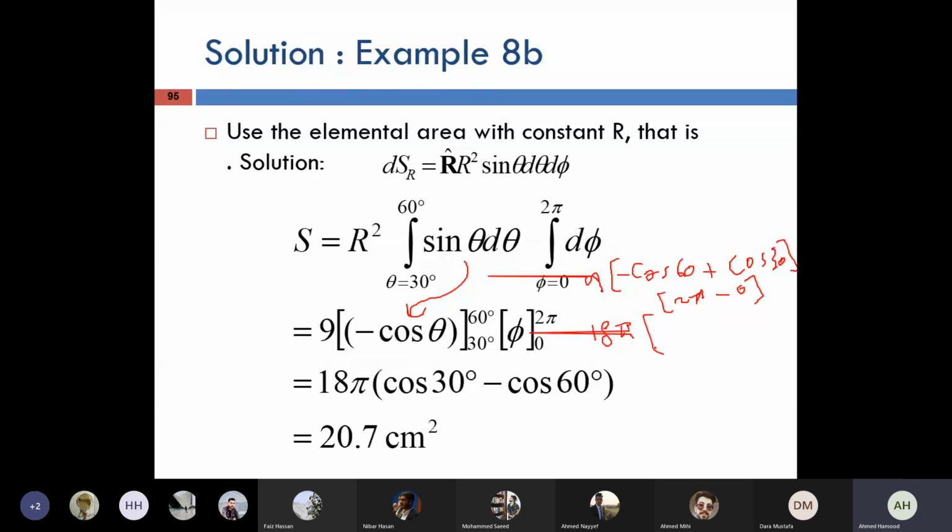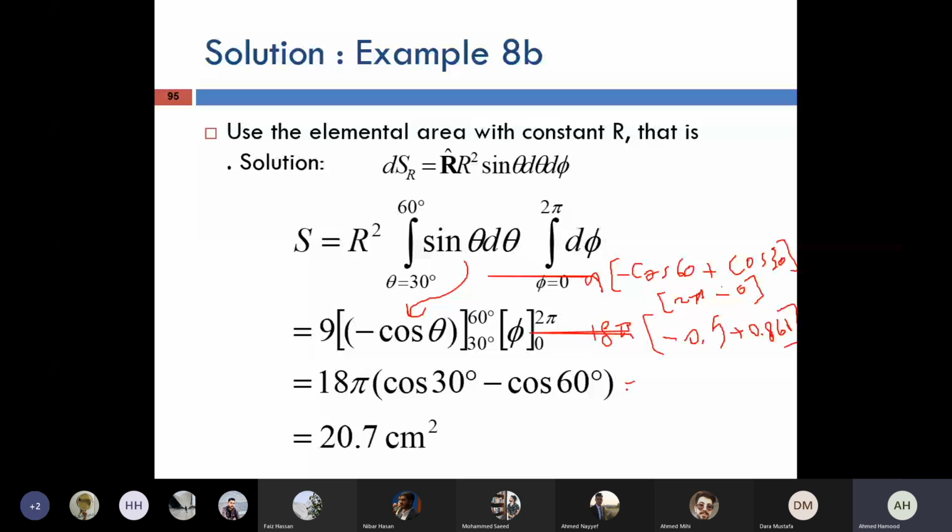Then cosine 60, let me say cosine 60 is equal to what, guys? 0.5. So here we have negative 0.5. Then positive cosine 30 equals what? 0.866 something, okay?